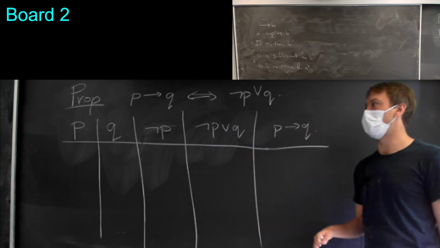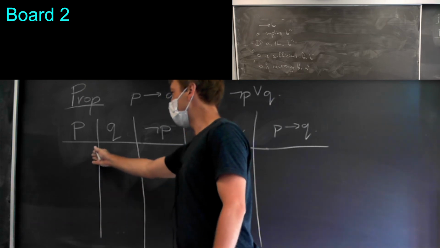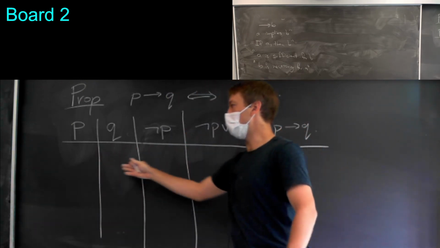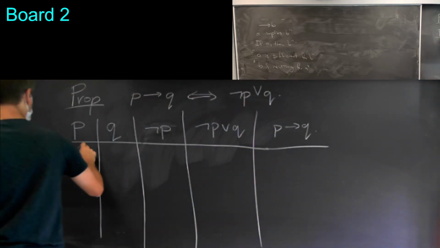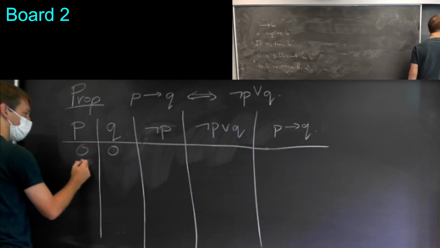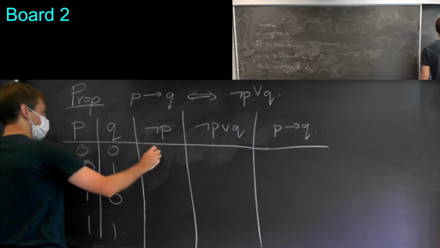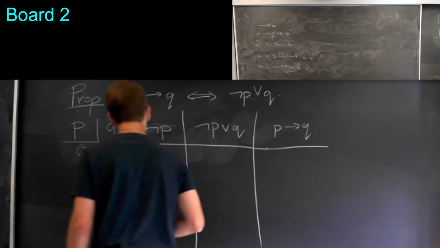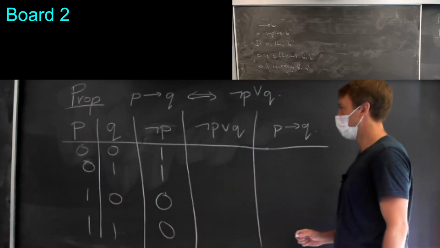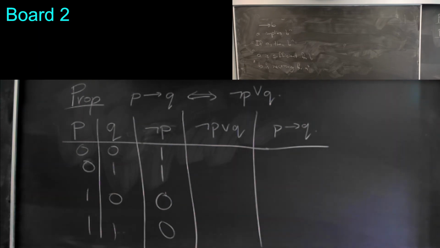I want to go from least complicated to most complicated. So not P: 1 1 0 0. Now not P or Q. Maybe I'll get you to help me out.